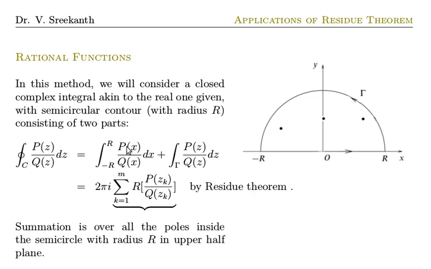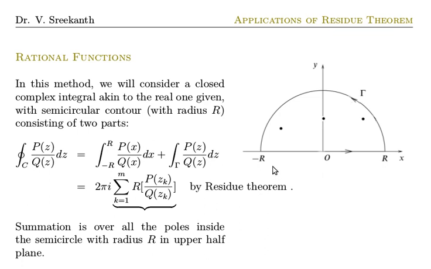So minus R to R of p(x) by q(x) dx, plus the gamma integral, the integral over gamma of p(z) by q(z) dz. So this is perfectly fine.